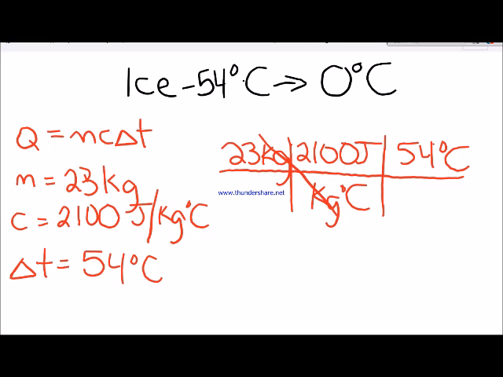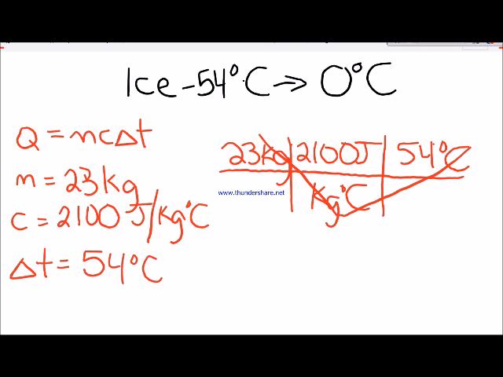Now we will begin to multiply. For multiplication, we will be using unit analysis. We will be putting all the numbers on top since we're multiplying. Celsius and kilograms are crossed out since they cancel each other out.